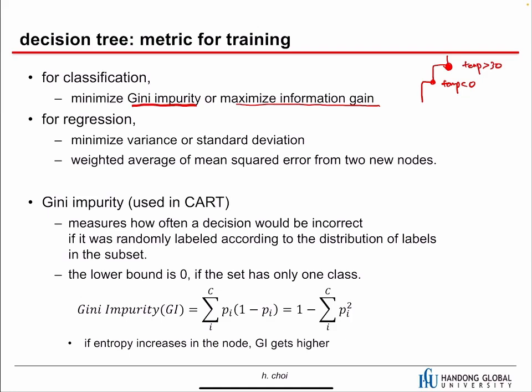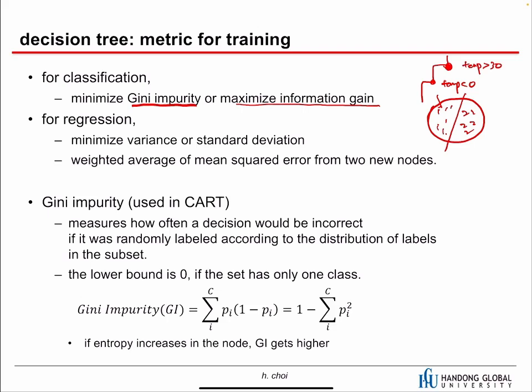So we have samples in this node, and when we use one specific feature with a specific threshold, we can split like this. On the left side we have only class 1 samples, and on the right side only class 2 samples. Then this is perfect.